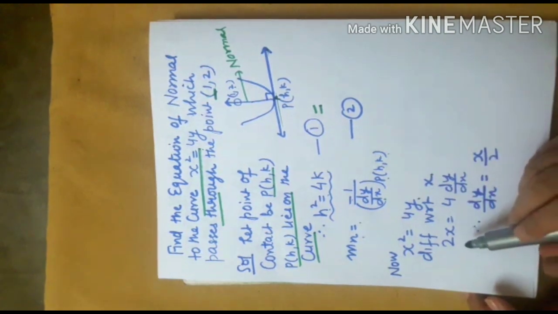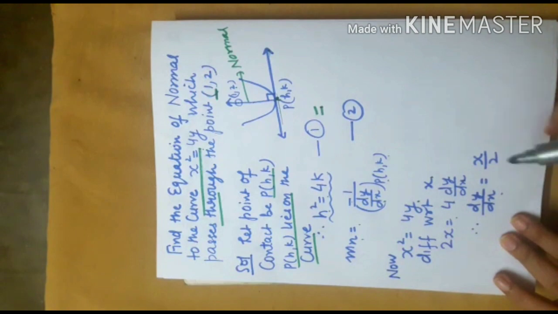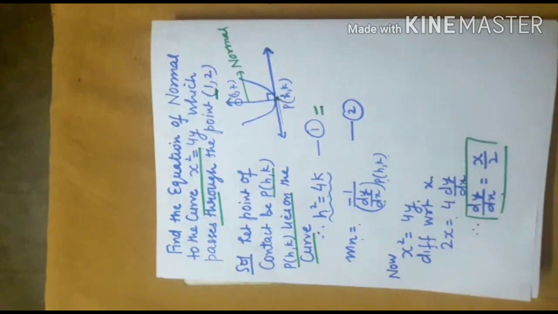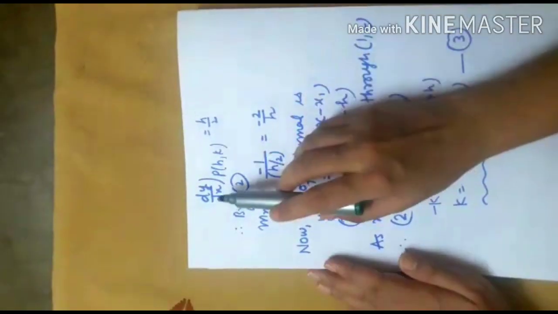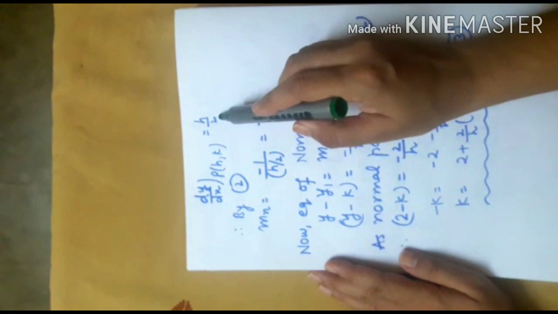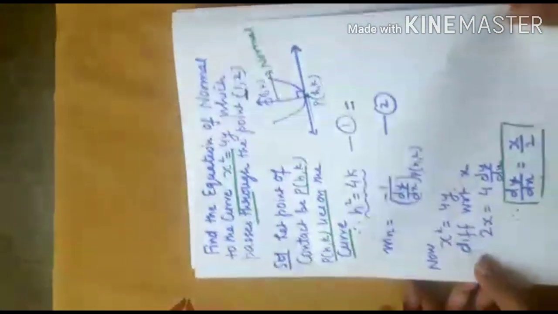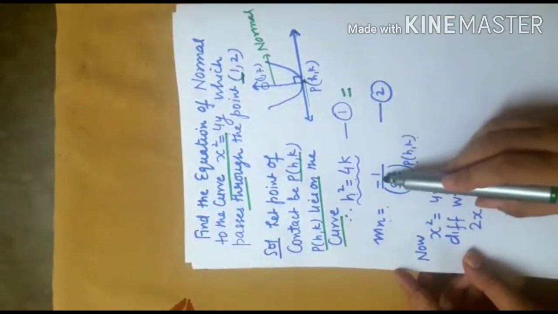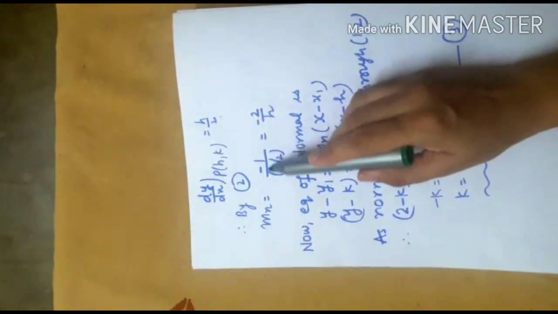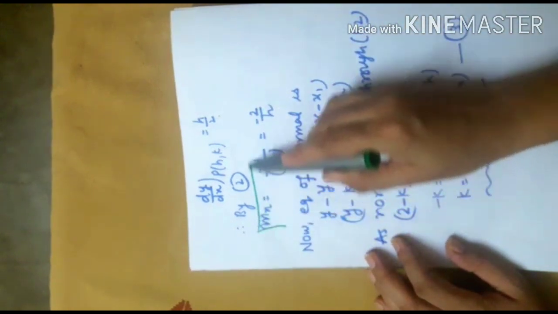I'll get 2x equals 4 dy by dx. So from here, dy by dx will be x by 2. So dy by dx at P(h, k) will be h by 2. Now, from the second relation, slope of the normal will be minus 1 over h by 2, that is minus 2 by h.